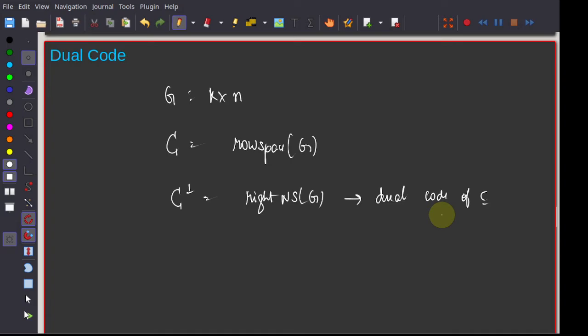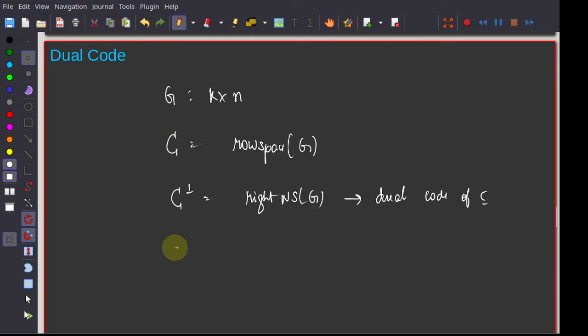So what can you say about the code words of this particular code and the code words of this particular code? There's some geometric relationship between the two. They're all going to be orthogonal to each other.